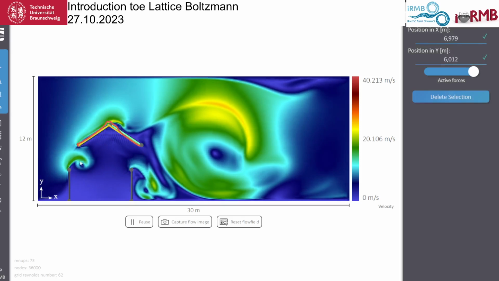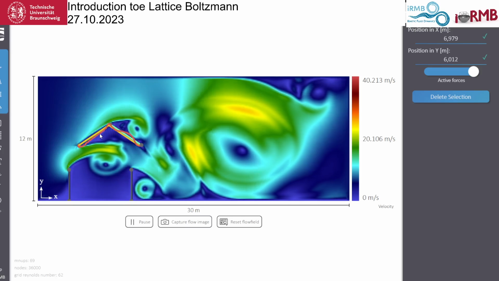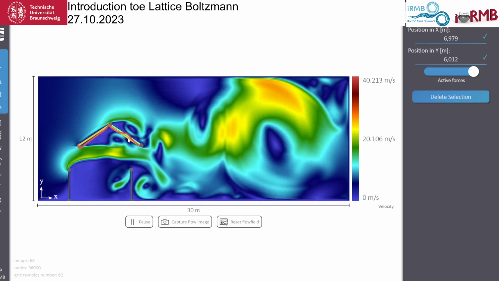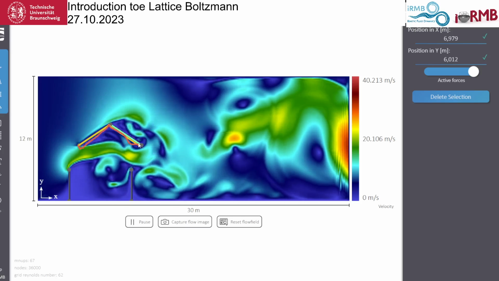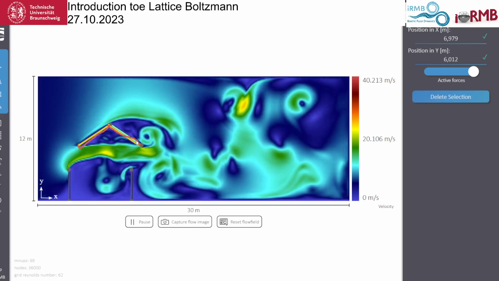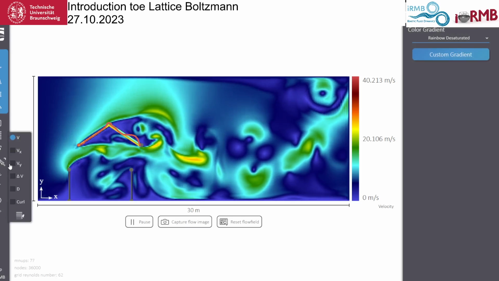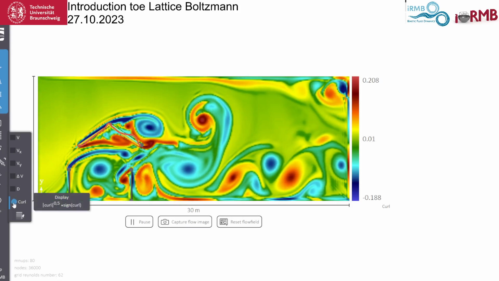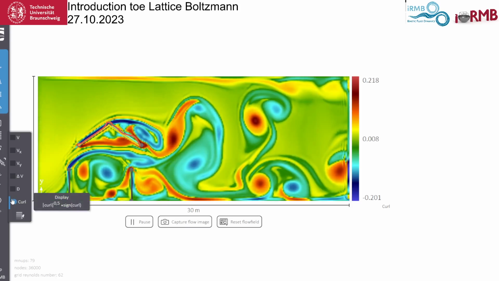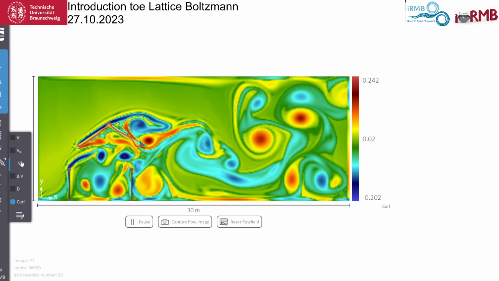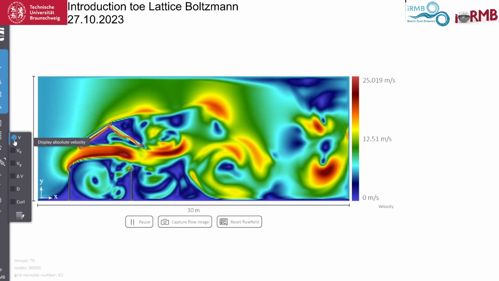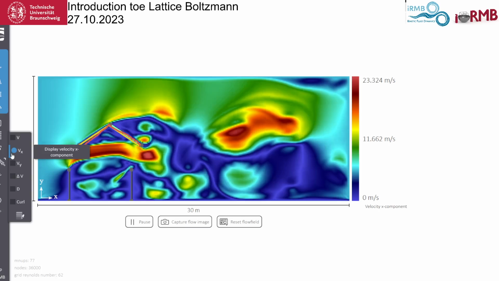Here we can actually move this. The red line, again, is displaying the force that we see, and we can do funny changes. For example, we can display the curl, or we can have the velocity. This is what we started off with, the velocity in a certain direction.